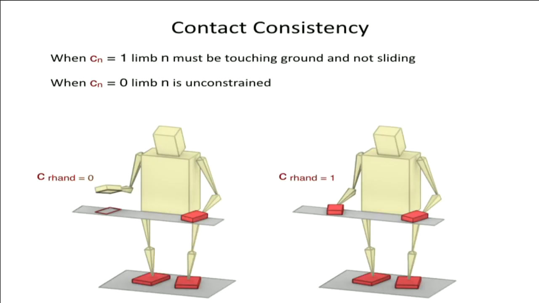Basically, when the contact variable is 1 for a particular limb, for a particular body part, like the palm of the hand or the sole of the foot, it needs to be touching the ground, and it needs to be not sliding. And you can formulate this equation pretty easily. And when the contact variable is 0, then that particular palm of the hand or the foot is unconstrained, and it's free to move wherever it wants to in space.